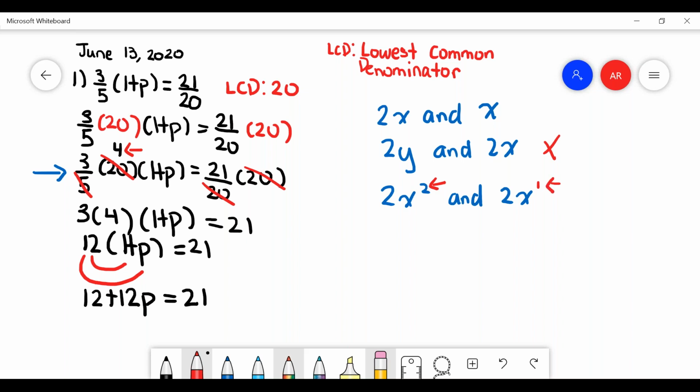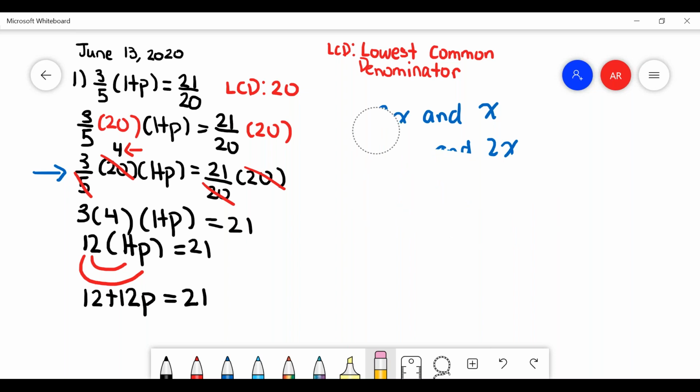So these are not like terms. Just keep in mind that like terms do need to have the same variable attached to them as well as the same degree.